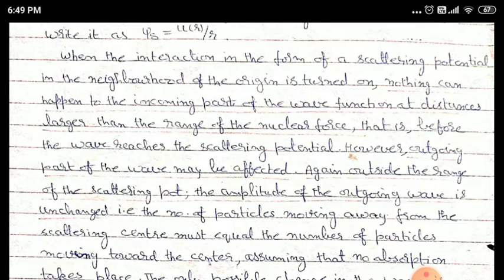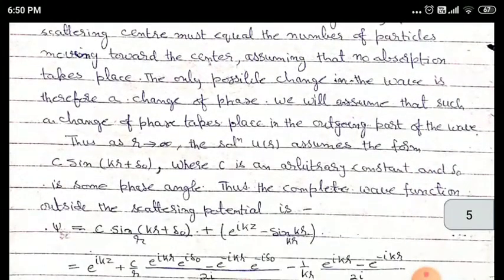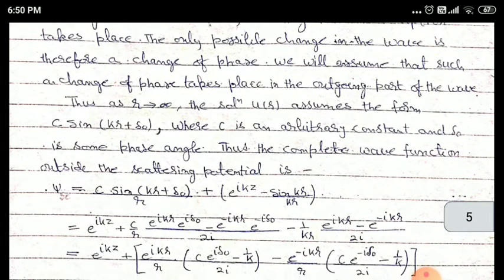The phase of the scattered beam will change with respect to, and relative to, the incident beam. And to include this aspect, as r tends to infinity, the solution u(r) assumes the form c sin(kr plus delta 0), where c is an arbitrary constant and delta 0 is some phase angle.